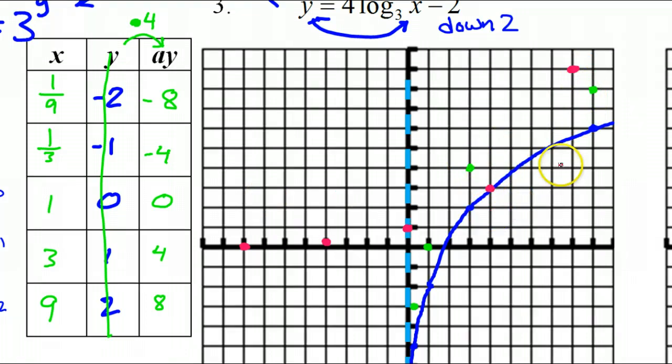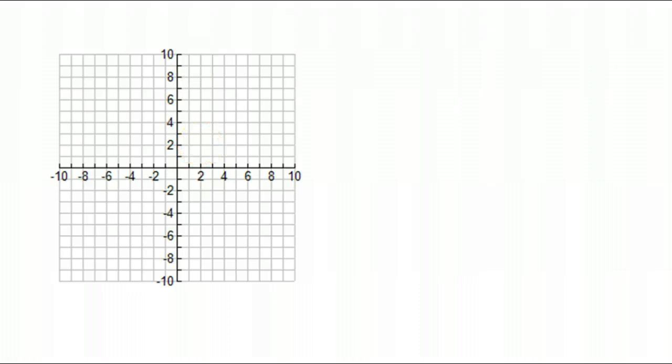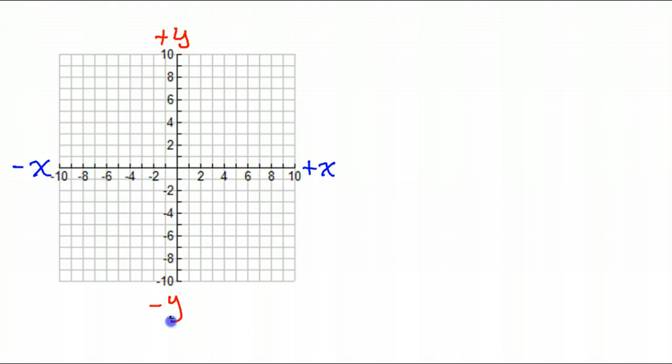Now, here's the trickiest part of this process: understanding how the shift changes. Let me give you a little overview first. Take a look at this empty graph. This is the x-axis, with the positive side over here and the negative side over here. This is the y-axis, with the positive end and the negative end.